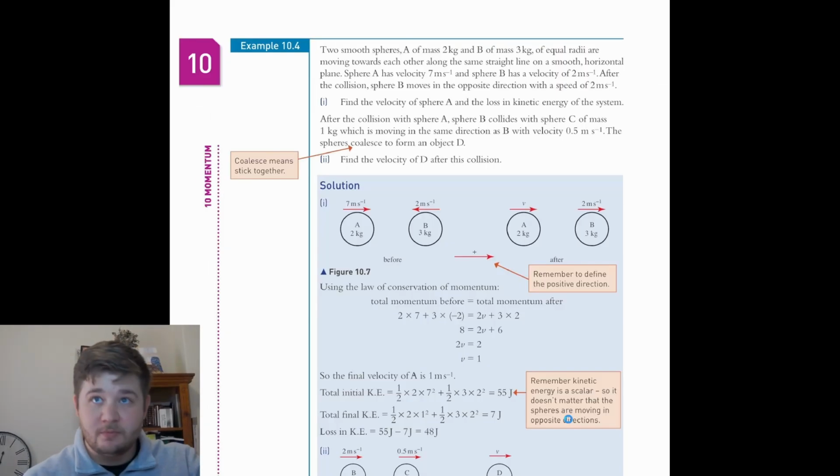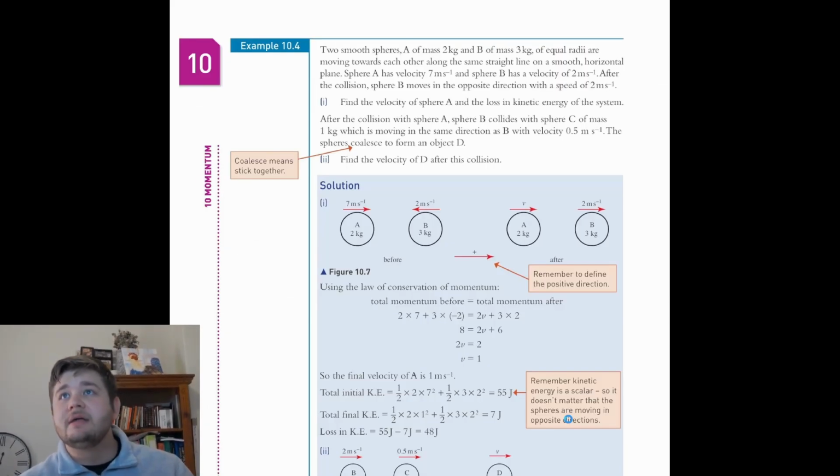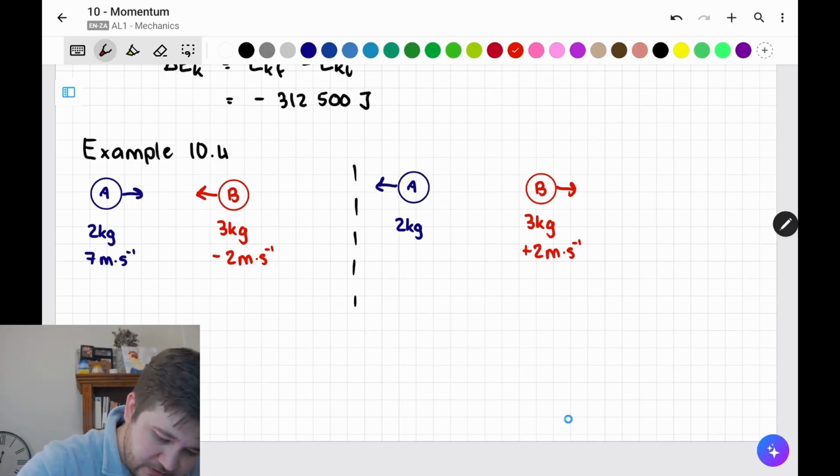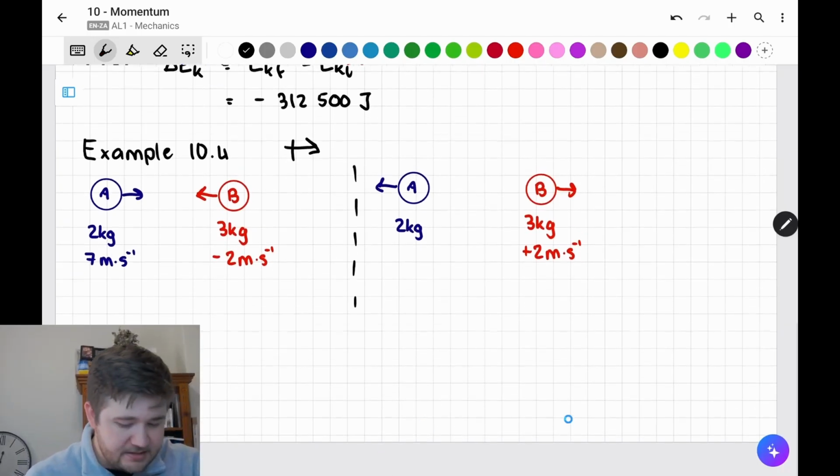Let's just see if there's any more information that they give us. After the collision, we find that sphere B moves to the right with speed 2 meters per second. Okay, so in this case it's moving with positive 2 meters per second because it's moving to the right. Take note that we have defined right as positive.